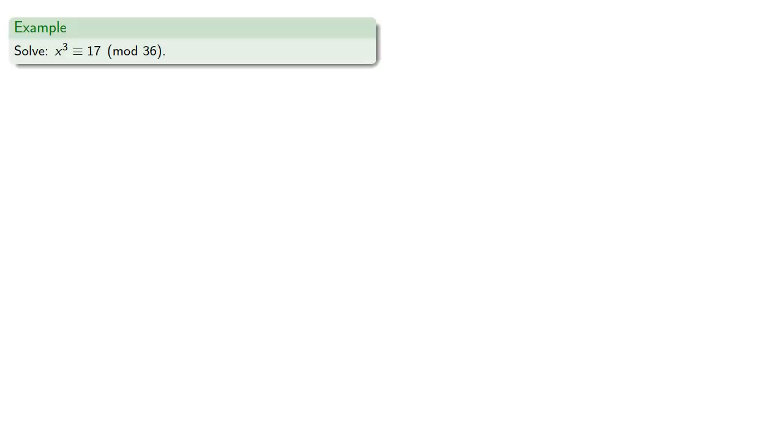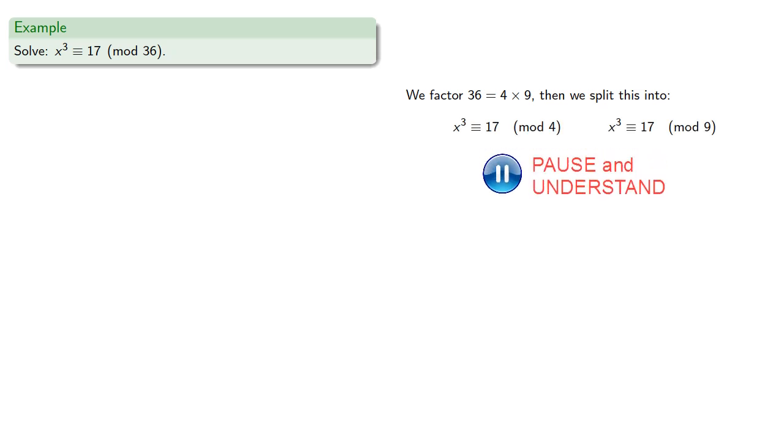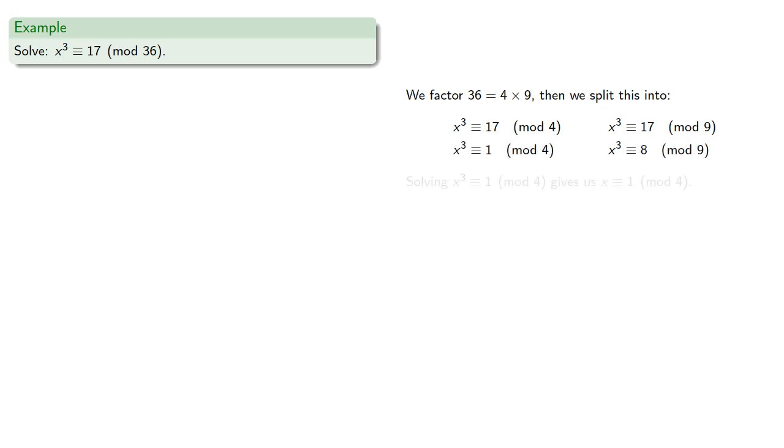For example, let's try to solve x cubed congruent to 17 mod 36. We factor 36 into a product of relatively prime numbers 4 and 9, and then we split this into congruences, reducing. Solving x cubed congruent to 1 mod 4 gives us x congruent to 1.